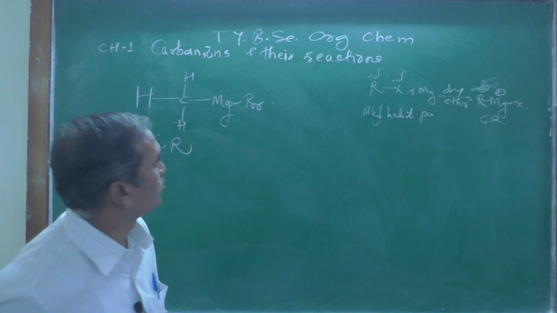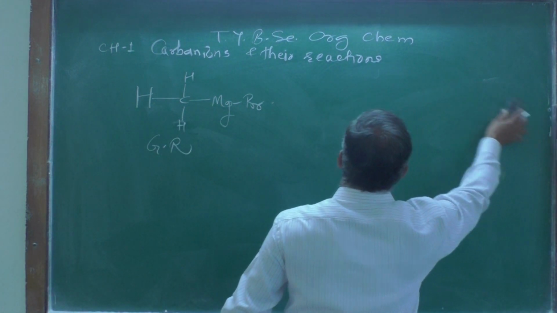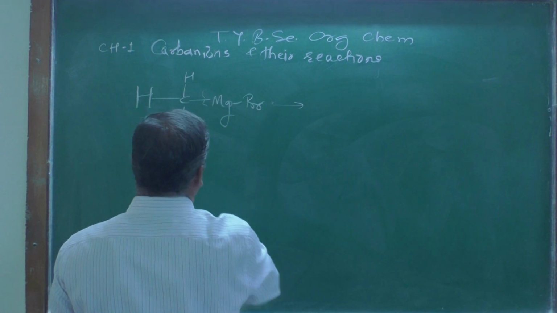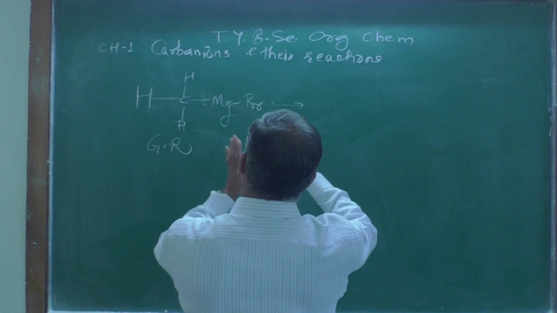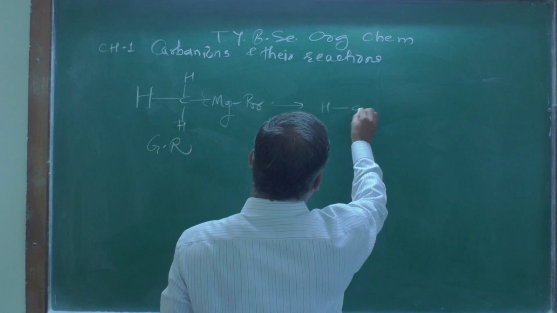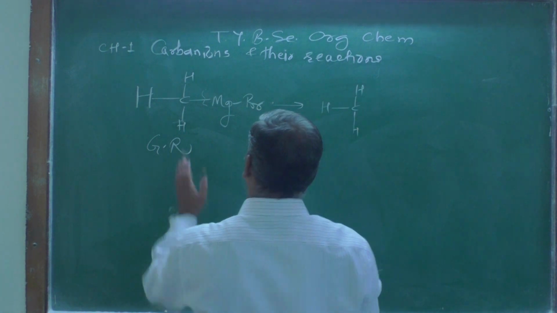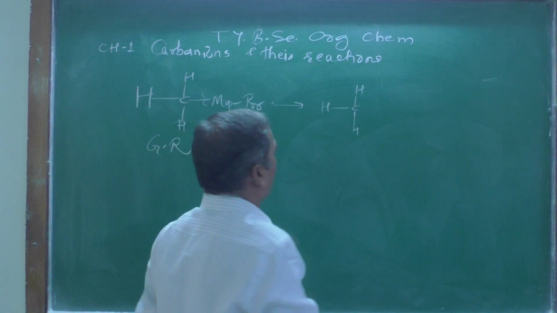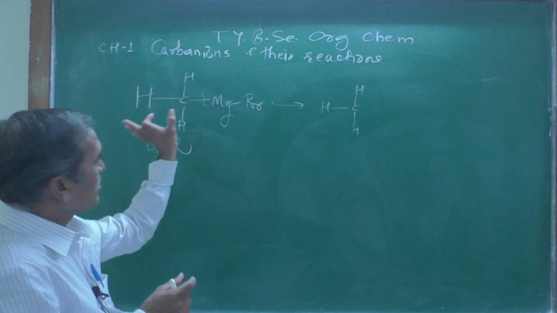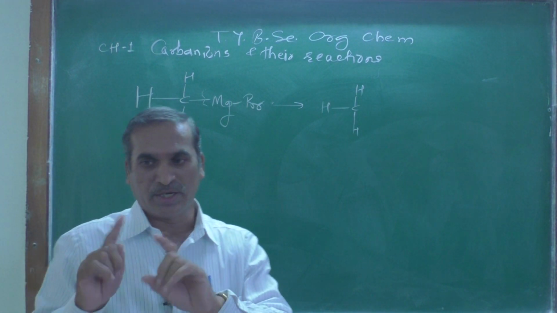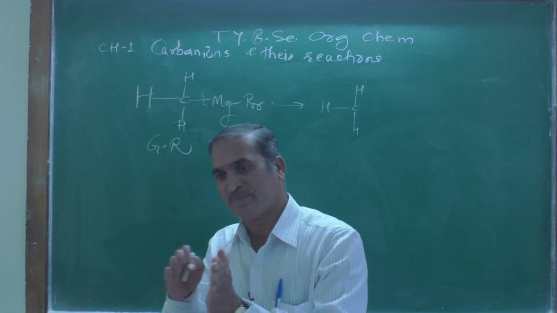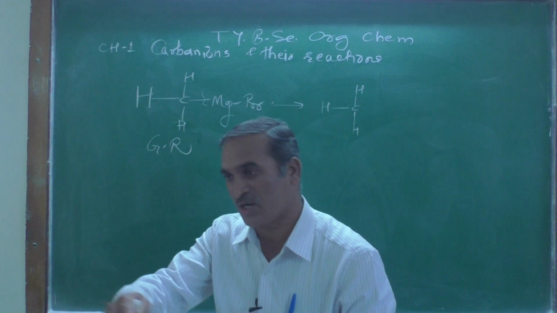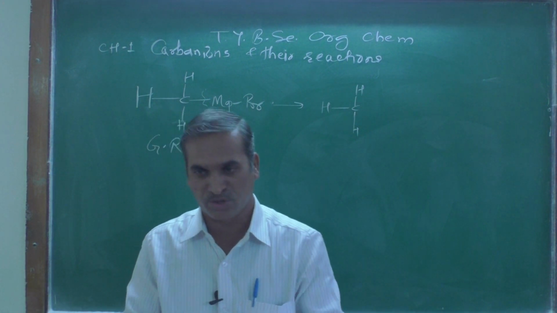Now let's move on to why, when this carbanion is formed, this bond gets broken like this, and we get this type of species. This bond breaks heterolytically, generally. Heterolytically means what? For the formation of a bond, two electrons are required. There are two types of fission: one is called heterolytic fission, another is called homolytic fission.